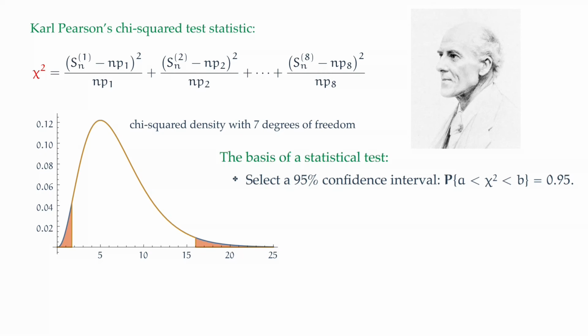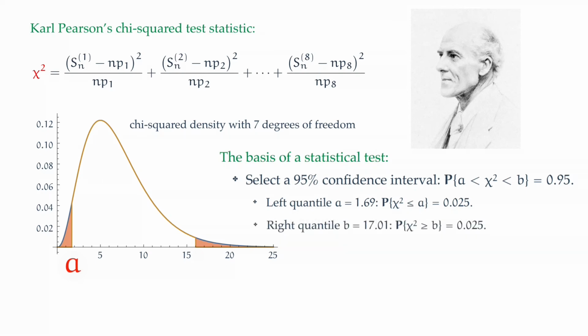What we'll have done is essentially identify a left quantile, a value A, to the left of which the area under the curve is 0.025, together with a right quantile, B, chosen such that the area under the curve to the right of B is also 0.025.